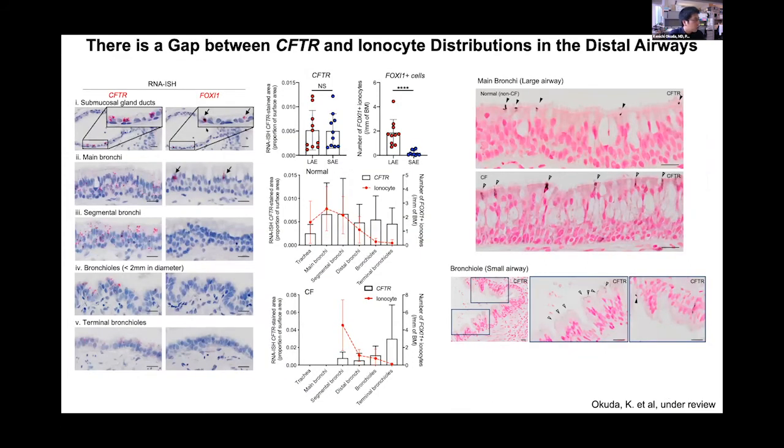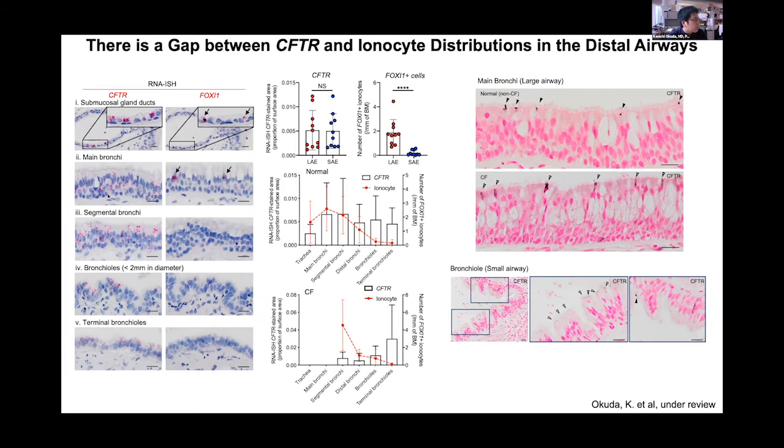We also looked at the human lung histology of non-CF and CF lungs to look at CFTR expression and FOXI1 expression, to see if this distribution is consistent with the single cell RNA sequence data. Interestingly, CFTR is highly expressed in some submucosal gland duct cells, which is consistent with Dr. Engelhardt's data.